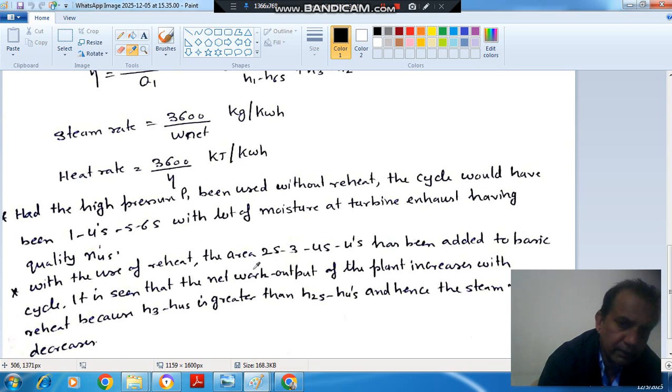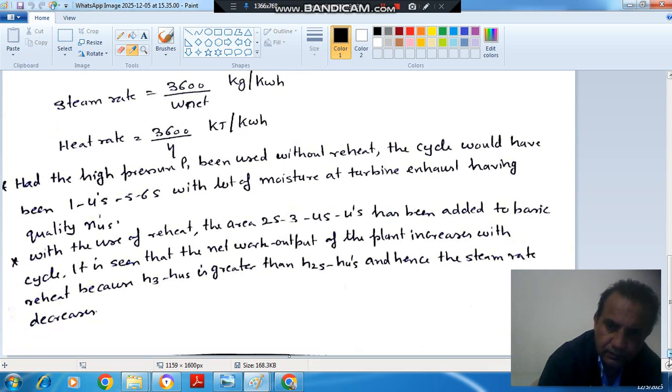With the use of reheat, the area 2s, 3, 4s, 4s dash has been added to the basic cycle. It is seen that the net work output of the plant increases with the reheat because H3 minus H4s is greater than H2s minus H4s dash, and hence the steam rate decreases.